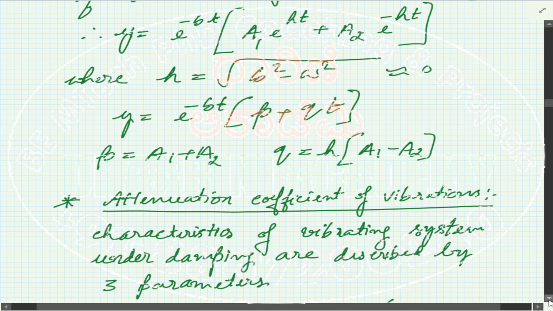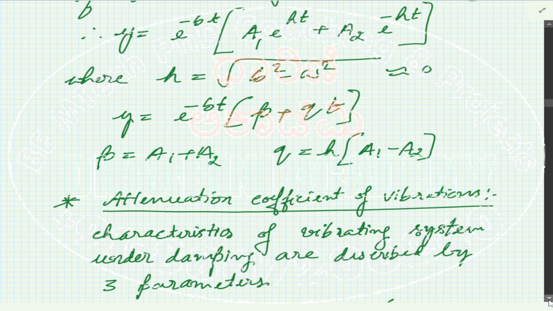a1 e to the power ht plus a2 into e to the power minus ht, right?